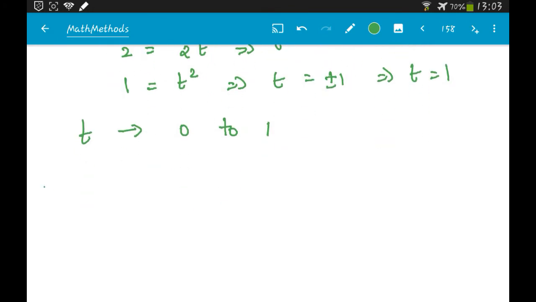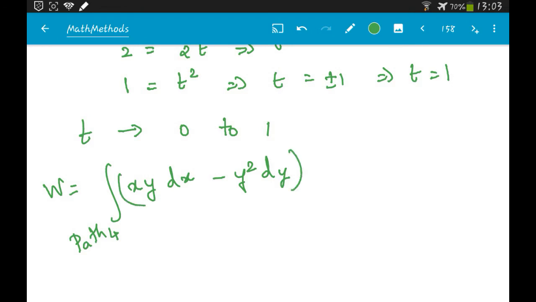So now you can write W is the integral along path 4 of xy dx minus y square dy, which is nothing but, now we substitute the values for x and y.